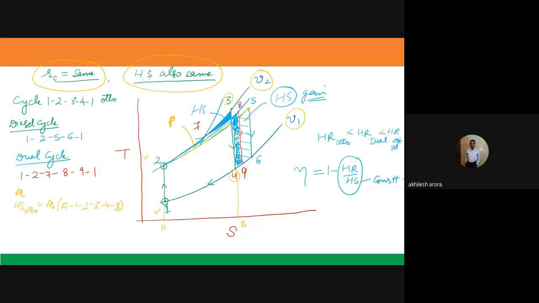So in which case is this efficiency maximum? I think it should be the Otto cycle, because the heat rejected in the Otto cycle is minimum, followed by the efficiency of the dual cycle, followed by the efficiency of the diesel. Is it clear?